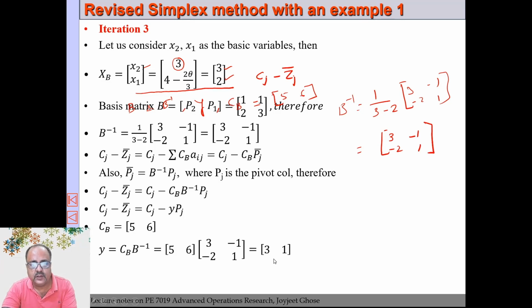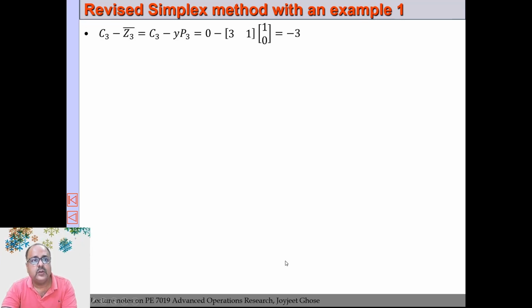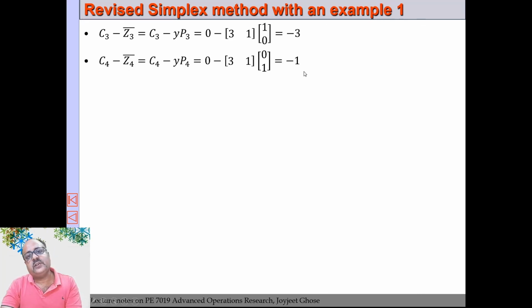Once we have this, we find C3 minus Z3, which comes out to be minus 3 as in the conventional method, and C4 minus Z4 equal to minus 1, same as in the conventional method. C2 minus Z2 and C1 minus Z1 bar are equal to 0, because those are basic variables in this step. Both values are negative, less than 0, so it is an optimal solution.